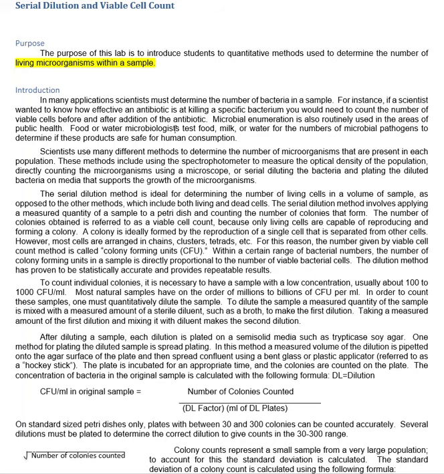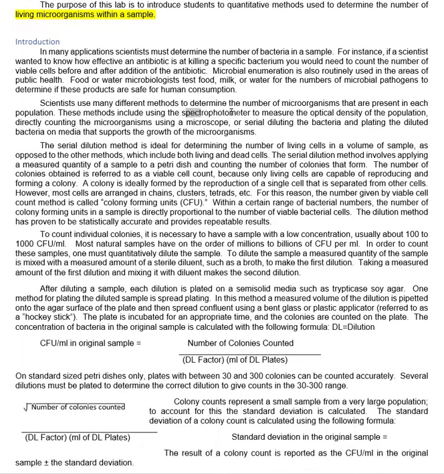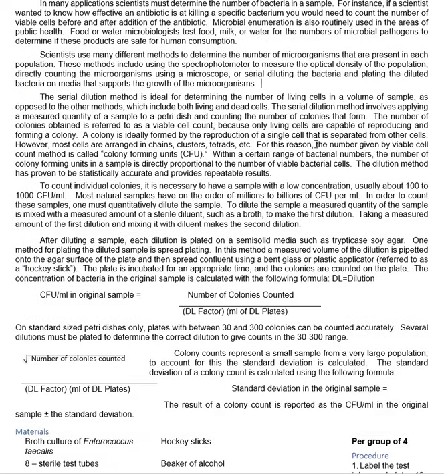And so it's necessary for us to be able to count bacteria. So the spectrophotometer we talked about, it's great, but it counts the living and dead. So what we have is the serial dilution method.